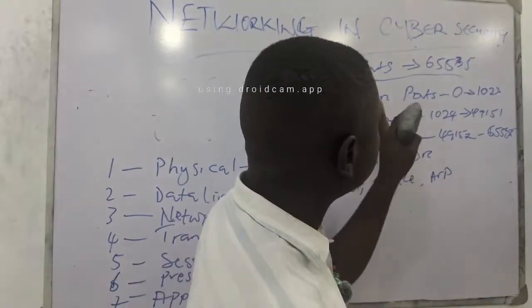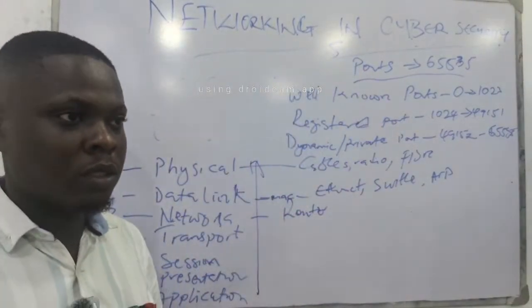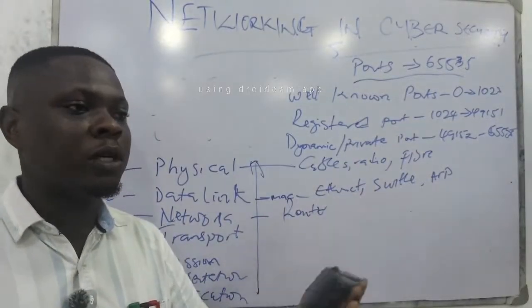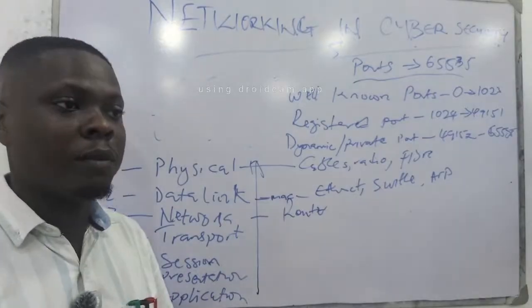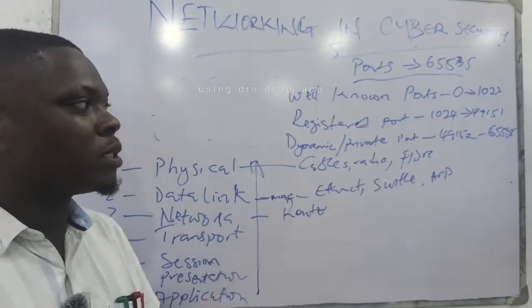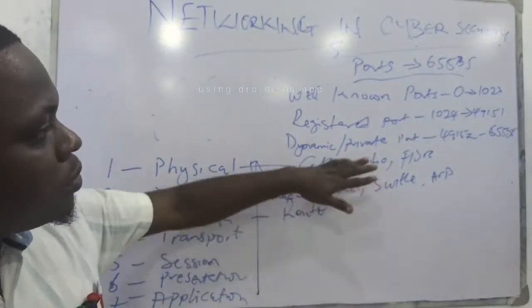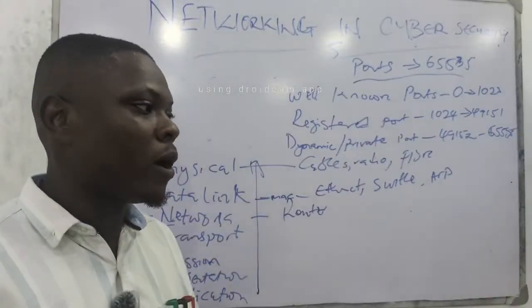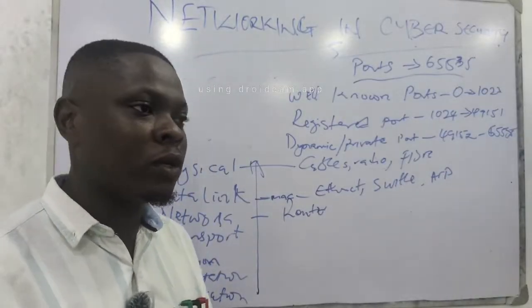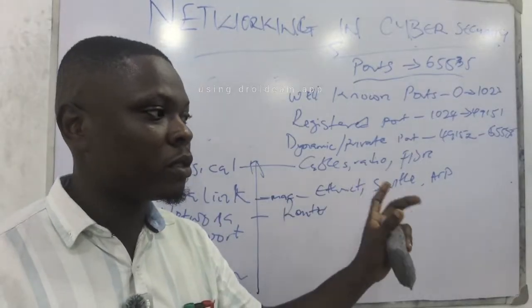These well-known ports run global network services, like HTTP, HTTPS, DNS, Telnet, SMTP, POP3, and all that. They all fall under this range. The registered ports are used by specific applications, like a MySQL database, for instance.